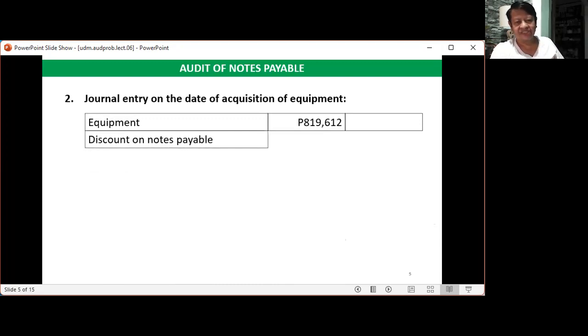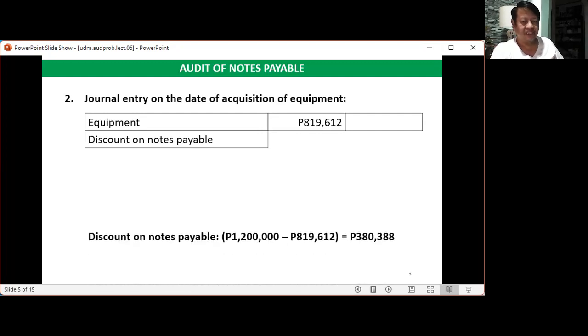We will recognize the discount on notes payable. That is the difference between the present value of 819,612 and the amount of promissory note of 1,200,000 pesos. So the discount on notes payable is 380,388 pesos.